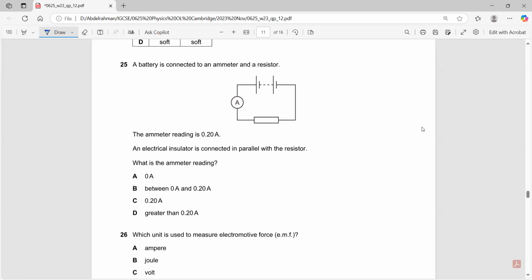If you have an insulator in parallel, does it do anything? No. If it were an electrical conductor, it could have caused a significant difference. But since this is an insulator, no current will pass through it, so it's as if it's not there. The current will remain the same.